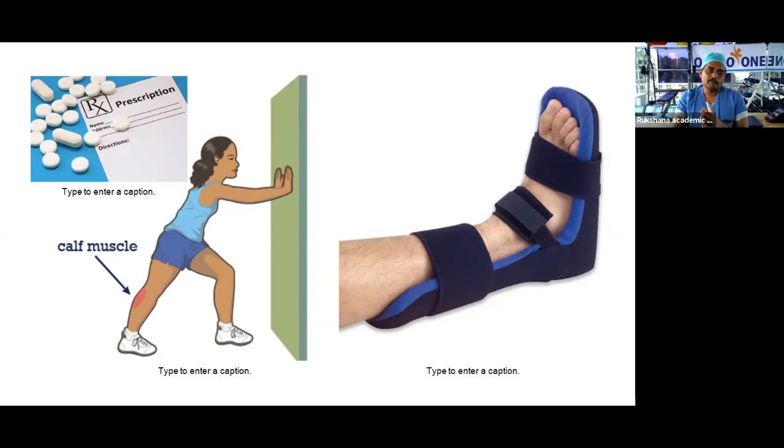But when you keep a splint on at night while you're sleeping, it is continuously kept stretched, so that in the morning when you get up, there is no contracted muscle that you need to stretch. It is already stretched. So when you start walking on it, you may not feel any pain. So it's one of the very effective modes of treatment.